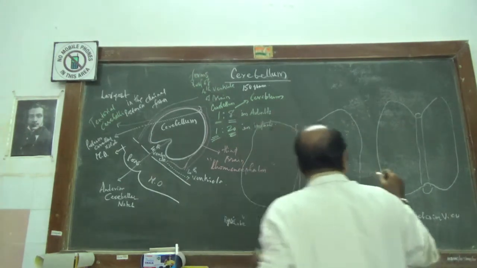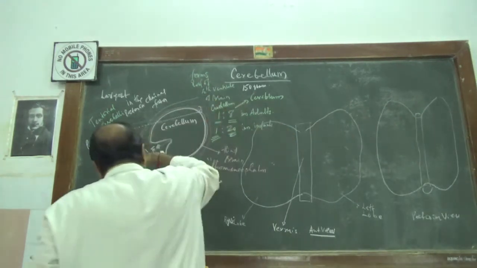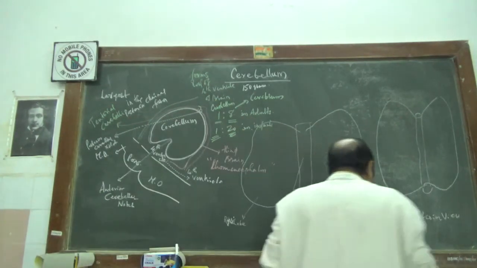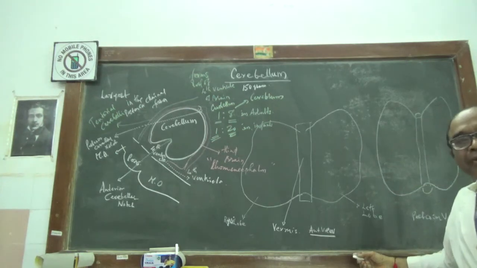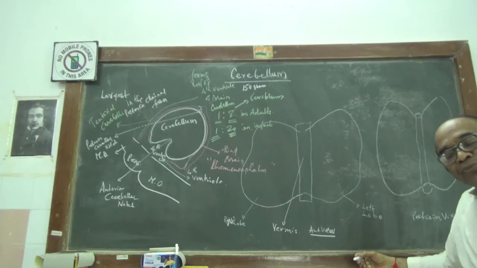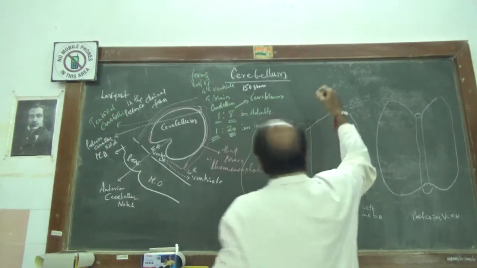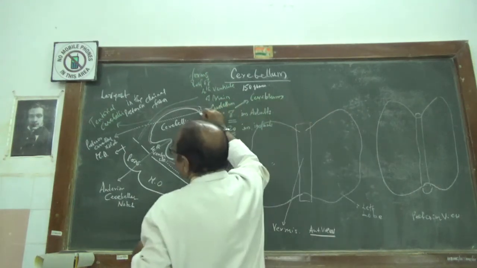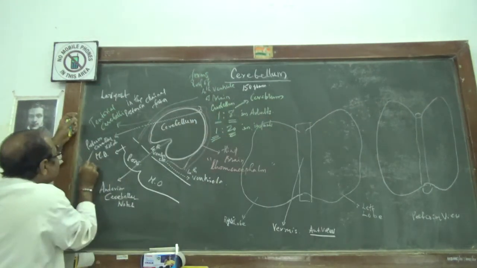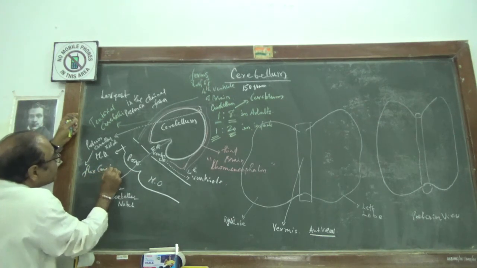Now in this posterior cerebellar notch, there will be one part, a fold of the dura mater. That is called the falx cerebelli.